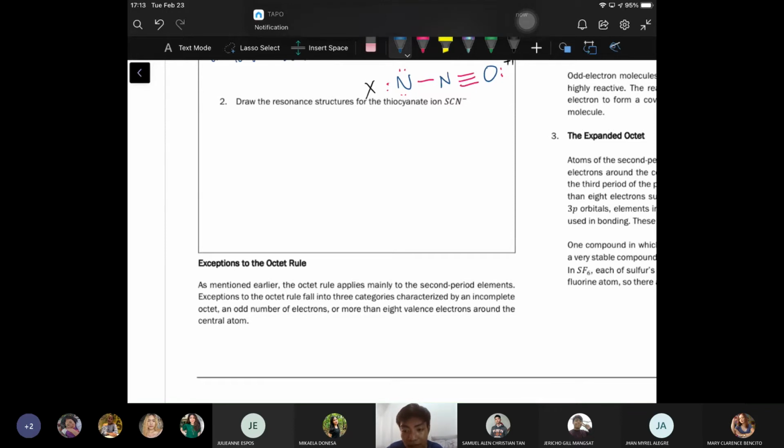Hanggang dun lang tayo, di ba? How about the atoms below it, no? Can they be central atoms, no? Pwede ba sila maging terminal atom? Yes, pwede maging terminal atom. Pero can they be central atom? Pwede rin, okay?